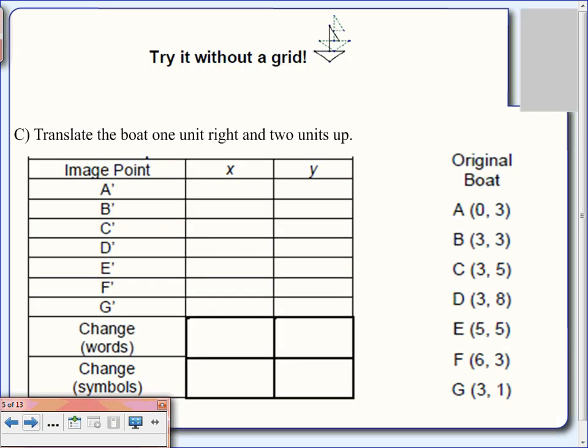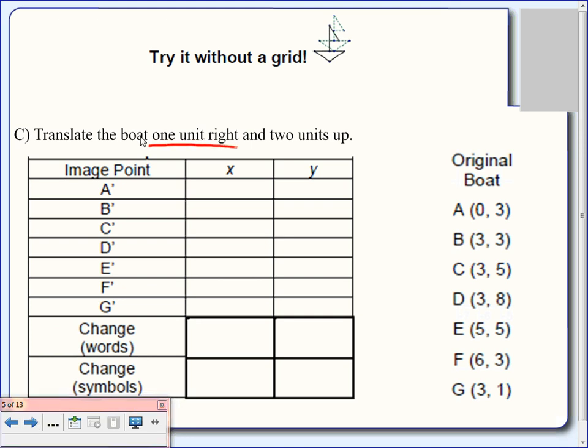All right, so now that we have that, we're going to try 2 more here, but this time there is no graph to look at. So don't use your little sheet of paper. We're going to see if we can do this without it. So for C here, it asks us to translate the boat 1 unit to the right and 2 units up, but we're not going to physically do that because now we know some rules here. So let's start with this first thing it says.